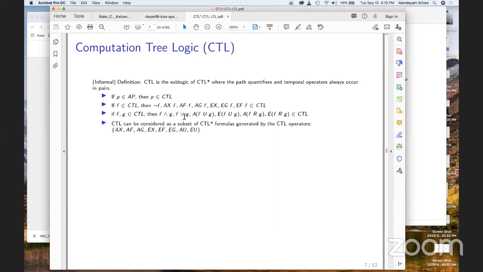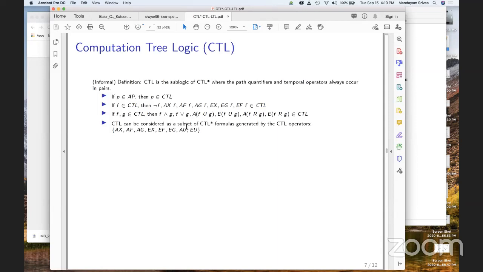And similarly for binary operators. You can do and, or, but remember that until is also a linear temporal operator that constructs path formulas. Here also it requires that you apply a quantifier, A or E, in the process of converting that into a CTL state formula.